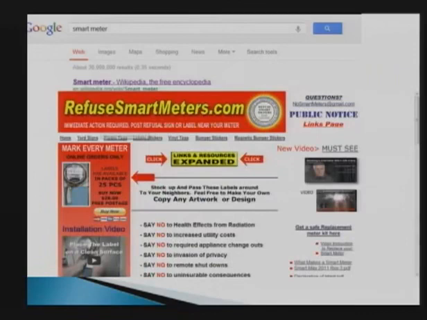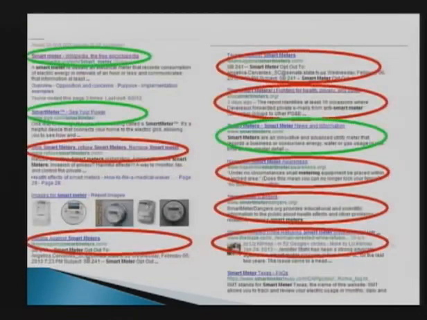So here's a screenshot, just a figure of that web page. We can see people listed a lot of drawbacks of the smart meters here. And actually, if we read further, we can read the top 10 results from Google for smart meter. And we can see 7 of them are negative results.